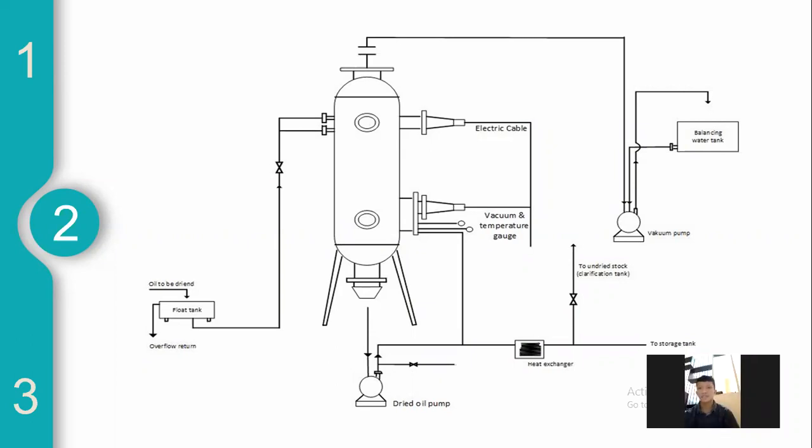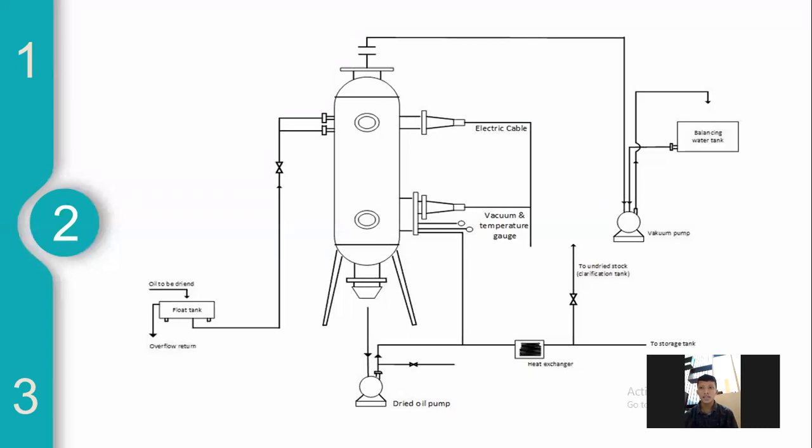Yes, thanks for the opportunity. Here we have an image of the working of the vacuum dryer. First, the oil that comes out of the oil tank is injected into the floor tank.